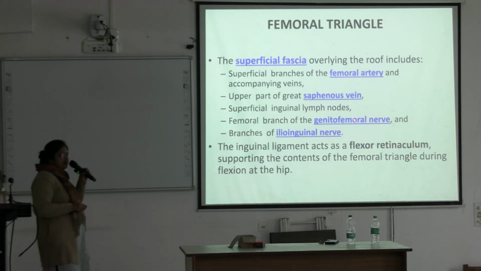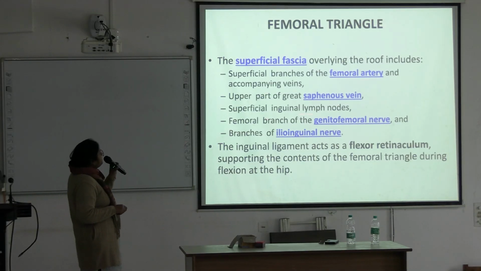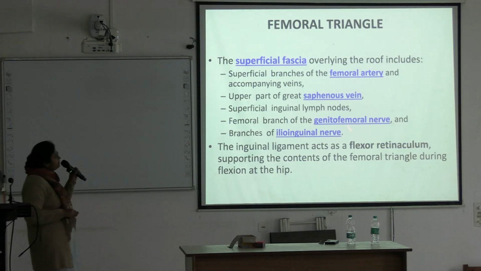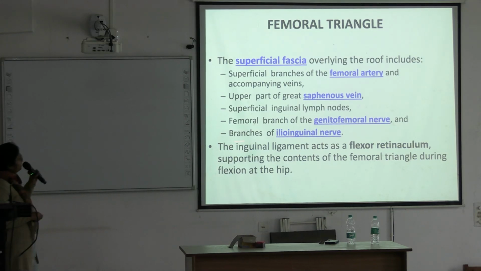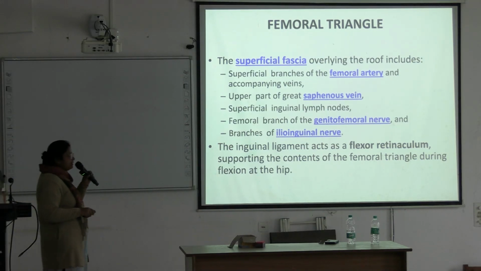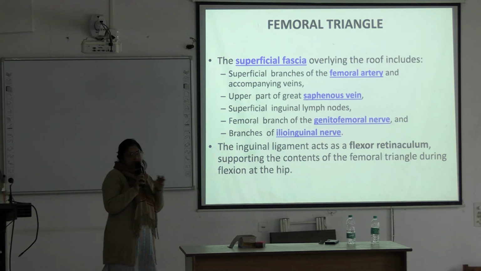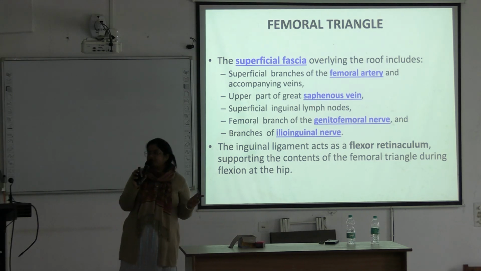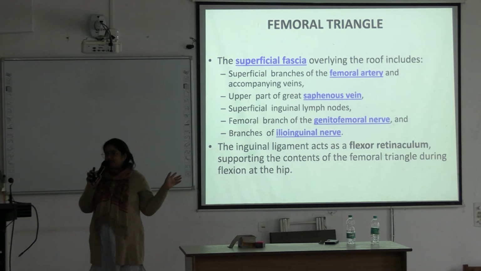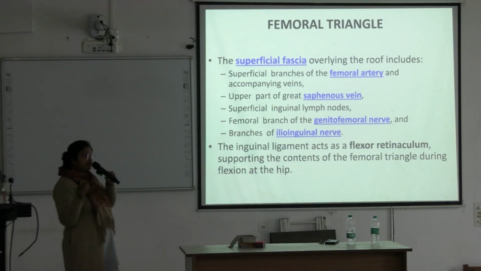Upper part of the great saphenous vein, superficial inguinal lymph nodes, femoral branch of the genitofemoral nerve, and the branches of the ilioinguinal nerve. Okay. Inguinal lymph nodes are also very important for your theory. In another class we will discuss those.